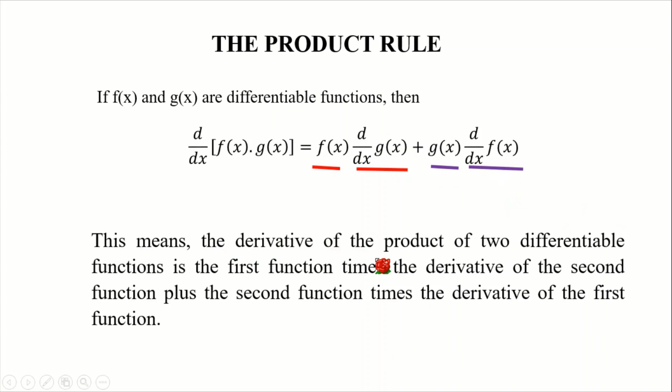So the derivative of the product of two differentiable functions is the first function times the derivative of the second function plus the second function times the derivative of the first function, right?